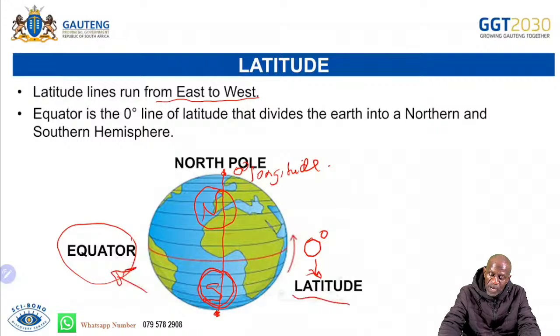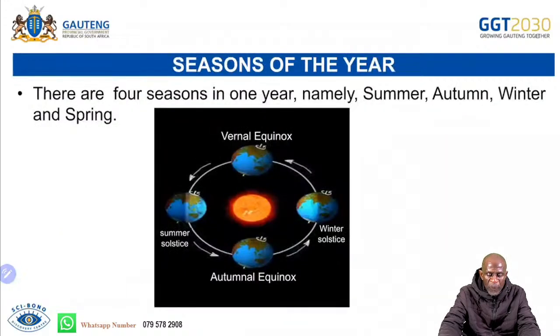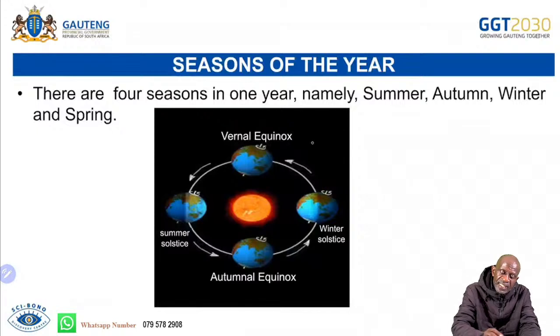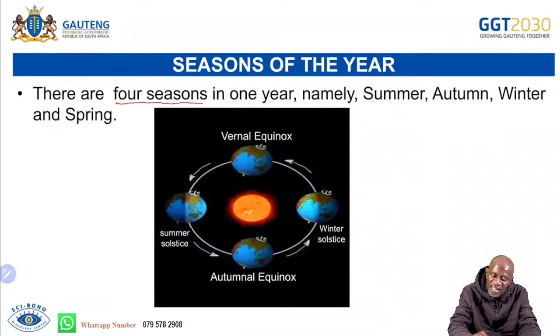As we move forward, like I've indicated, the crucial role that the equator plays is that it gives us 4 seasons in 1 year, and here are the names: summer, autumn, winter, and spring.